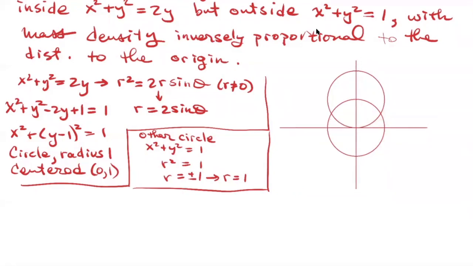I think that's what I want right there. So your 0, 1, I'll just put a 1 there for the height, the y coordinate. And it says it's inside the top circle, but outside of the bottom circle.